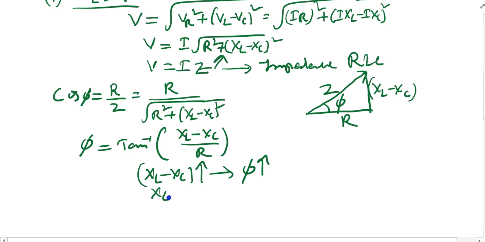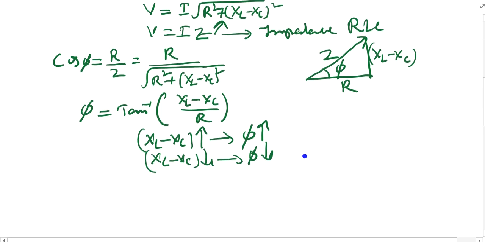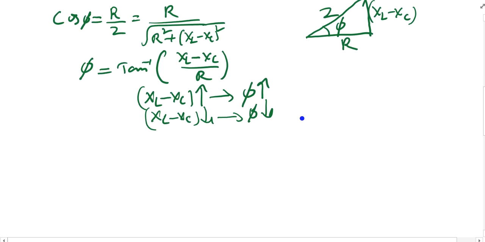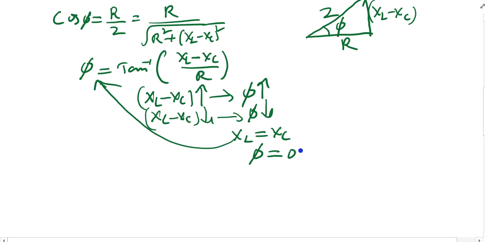And if XL minus XC decreases, then my phi decreases. If my XL is equal to XC, then what could be my phi angle here? My phi is equal to 0 degrees.